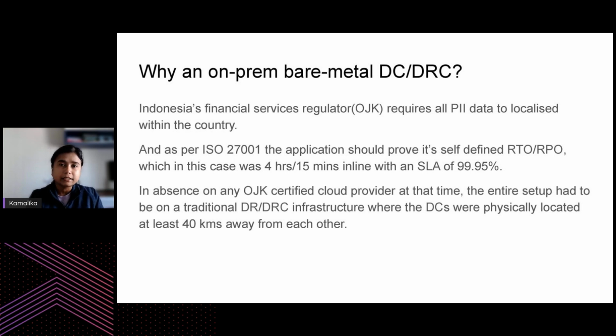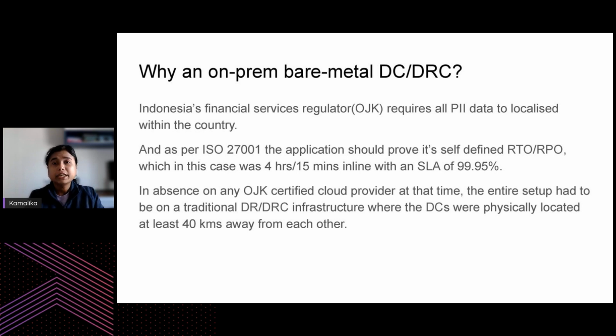And these data centers had to be located at least 40 kilometers away from each other, so that they are not within the same disaster prone zone. Otherwise, disaster recovery would not mean anything if they are just sitting side by side, which is the case with many cloud providers in some regions.